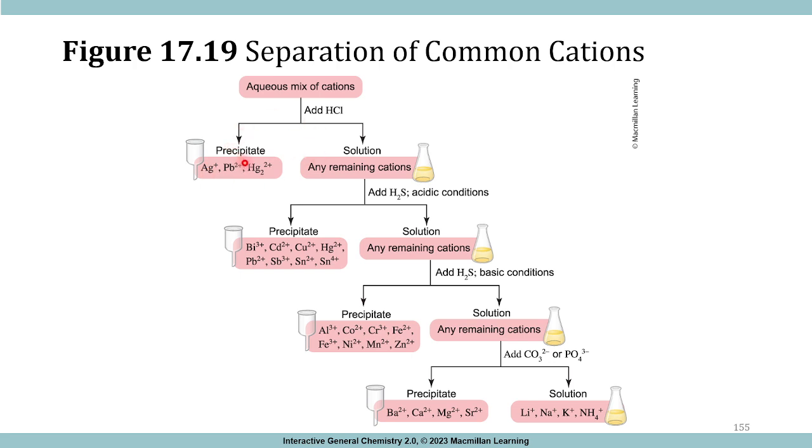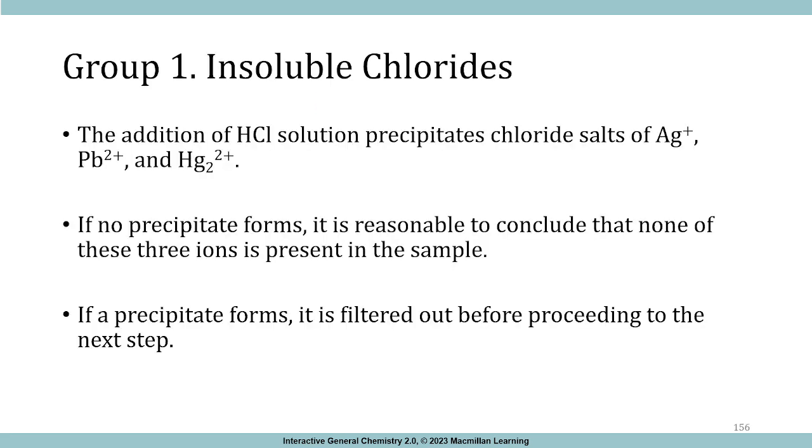This doesn't actually refer to the periodic table, group 1, 2, 3. This refers to this group right here, this group here, this group here, this group here. Okay? First thing you try to get, second thing you try to get, third thing you try to get, fourth thing you try to get. Does that make sense?